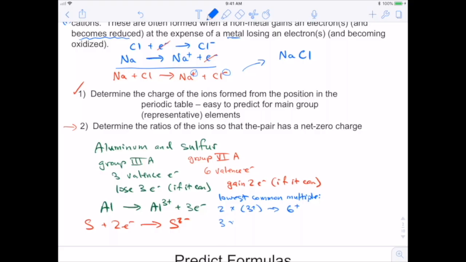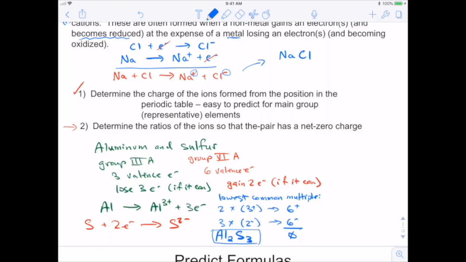And if we have 3 times 2 minus, that's going to give us 6 minus charges. 6 plus, 6 minus, that nets out to 0. Very convenient. So now we know that there are 2 of the aluminum ions and there are 3 of the sulfide ions. So Al2S3. And that would be the chemical formula.